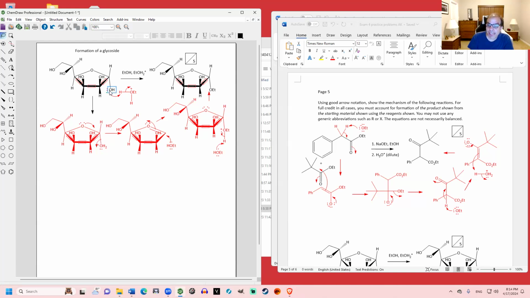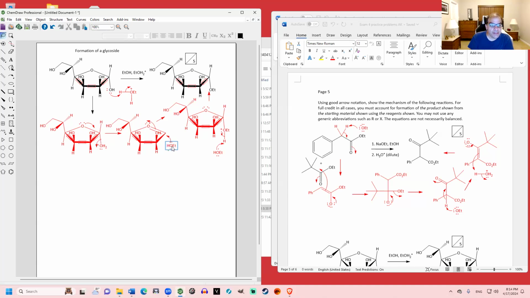And we learned about hemiacetals and acetals in chapter 19. So we protonate that OH group using the acid that we're given. That's the protonated ethanol. That gives this intermediate. And then we lose water as a leaving group. The oxygen in the sugar ring can help out, just as it could from any hemiacetal, and forms a double bond in the ring.